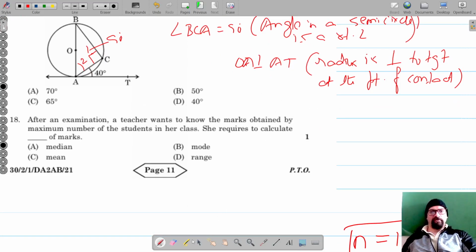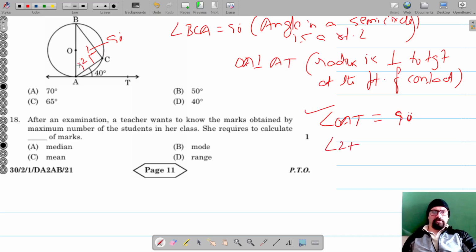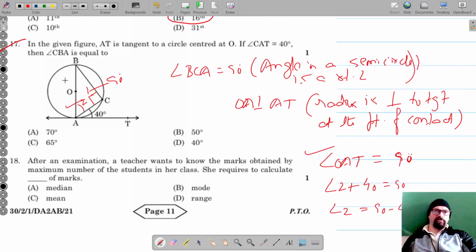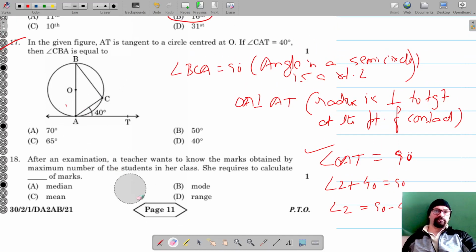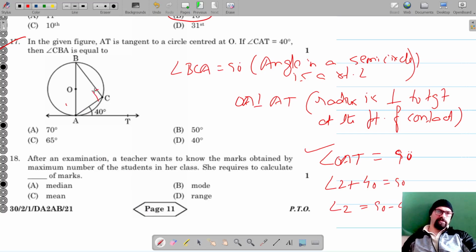So angle OAT is 90 degrees, and angle OAT is the sum of angle 2 plus angle CAT, which is 40 degrees. So angle 2 becomes 90 minus 40, which is 50. So one angle is 90 degrees, this is 90 degrees, and this is 50 degrees.